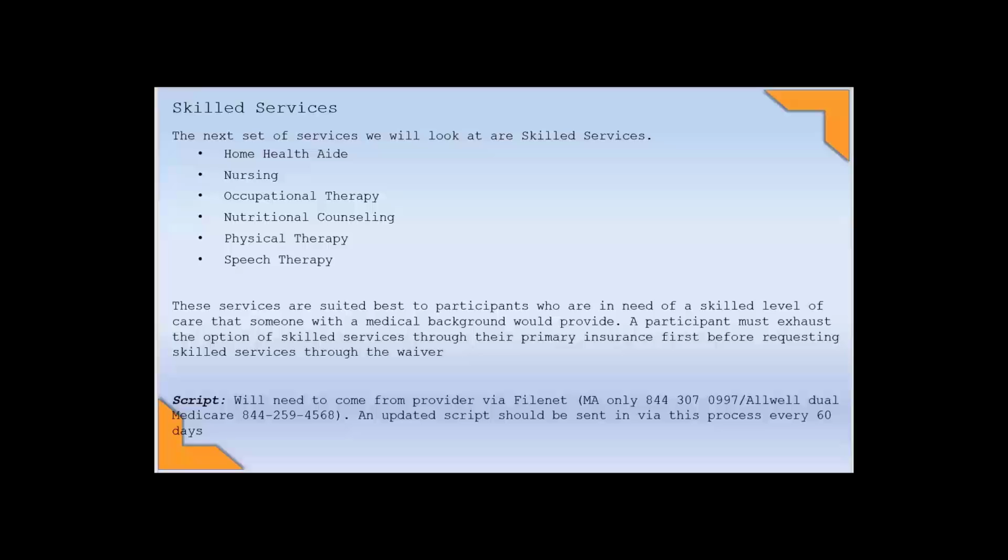These services are suited best to participants who are in need of a skilled level of care that someone with a more advanced medical background would provide, more advanced than just their mother or sister may be able to provide as a PAS attendant. So a participant must exhaust the options of skilled services through their primary insurance first before requesting through the waiver. So same situation, it will need to come from the provider via FileNet, and an updated script is needed for these services every 60 days.